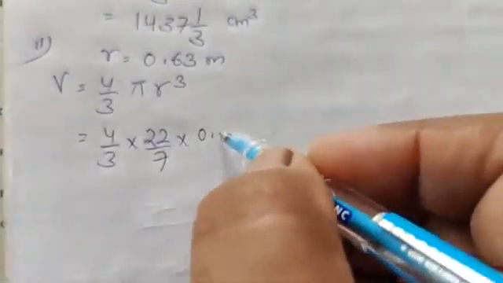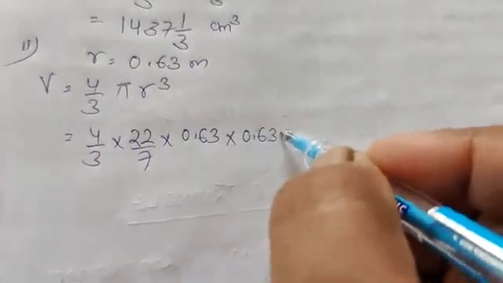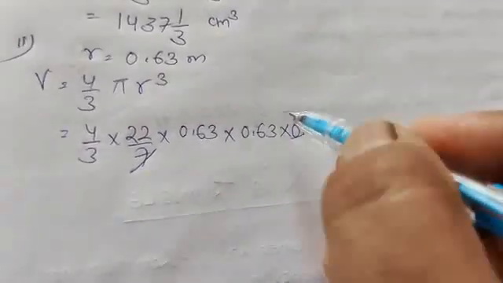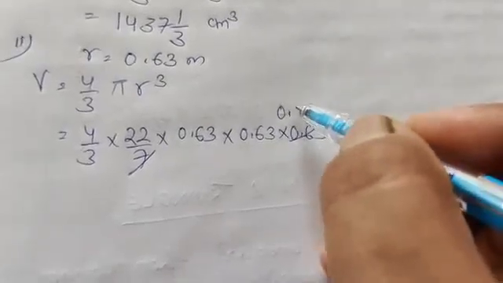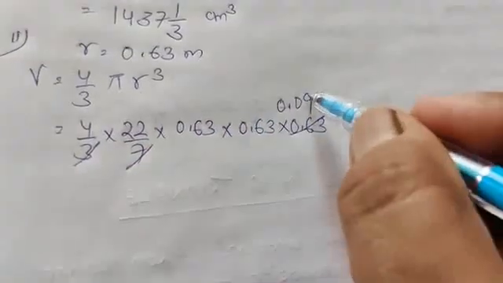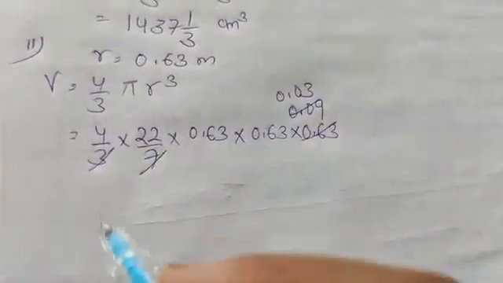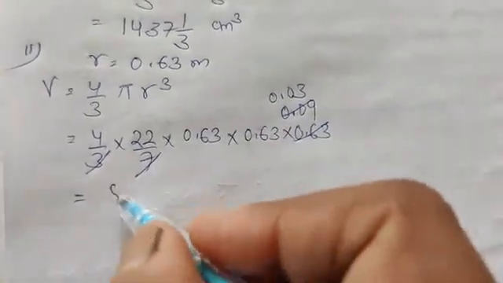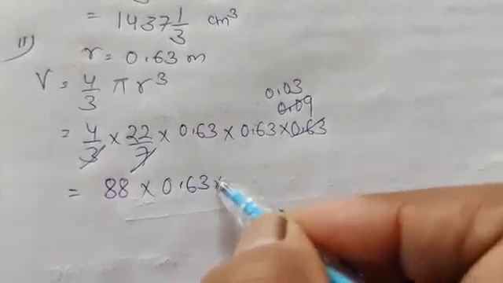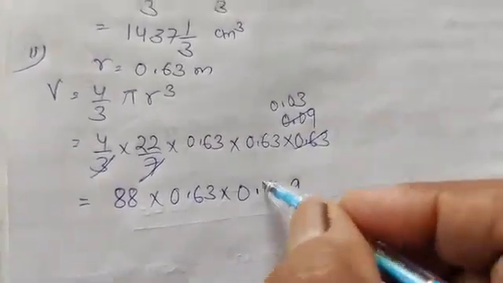R cube means 0.63, 0.63 and 0.63. 7 9 is 63, 0.09. 3 3 is 9, 0.03. Now multiplying this, you will get 22 into 4 is 88, into 0.63 into 0.03. 3 3 is 9, 3 6 is 18.